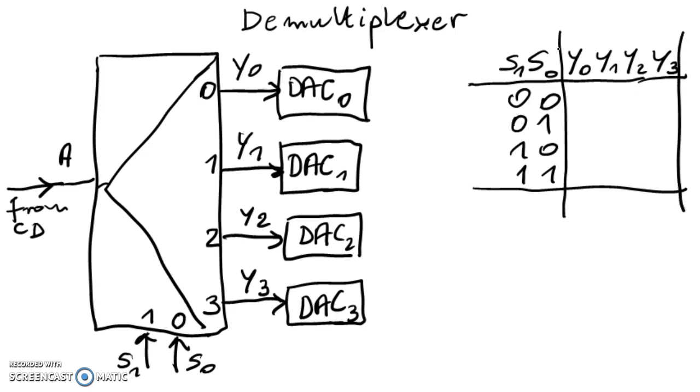And you know that if you select 0 in binary, that means that this signal A will appear on output Y0. So here you've got A. In the second row you select output Y1, so you've got A here, and here, and here. That's the basic operation, cases 2 and 3.